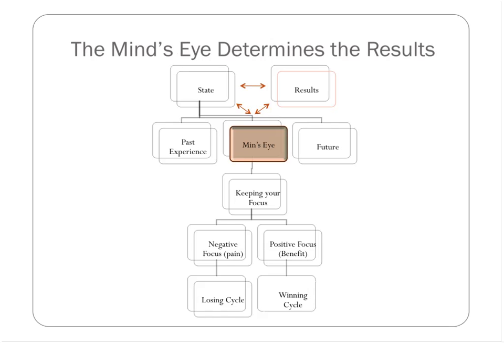If you keep your selective attention on your positive side, you are in a winning cycle, and the winning cycle will result in a better state. Better state means a better situation. Currently you will be happy, and then the results will be good, and your future and your past will also reflect that. So that's how the mind's eye works.